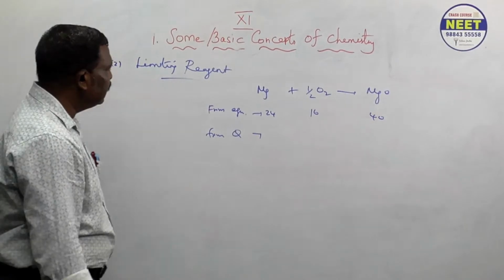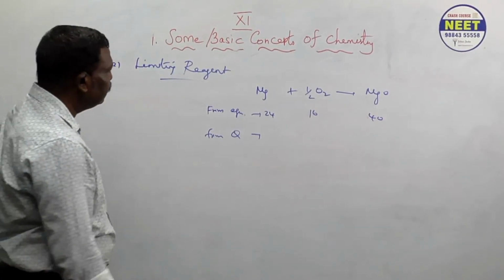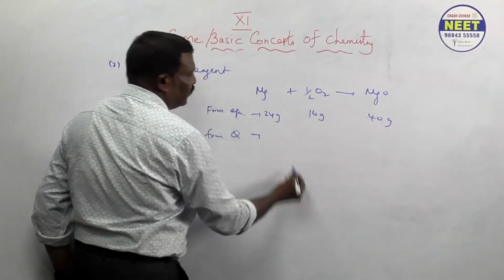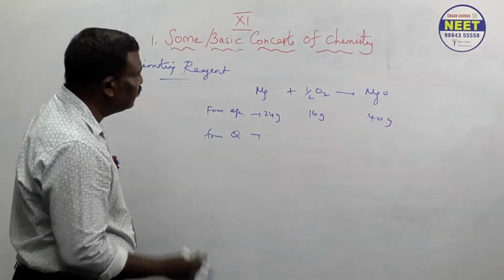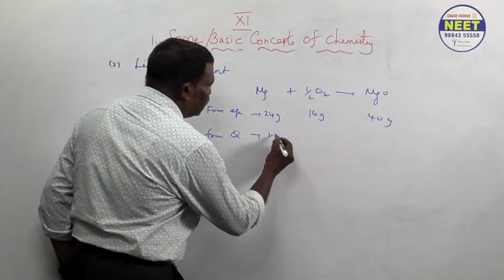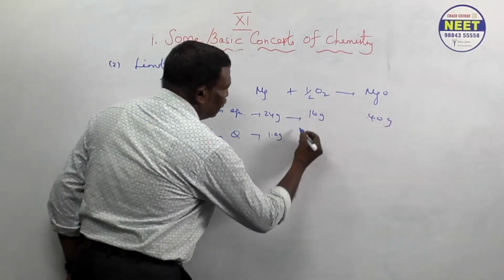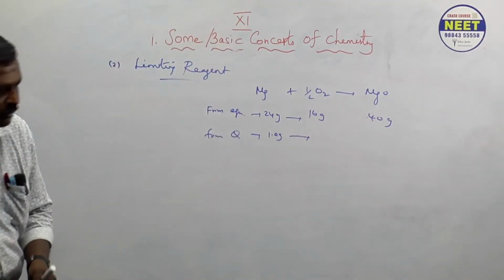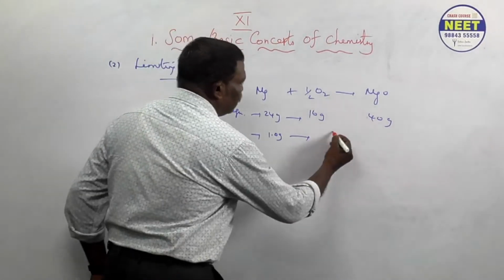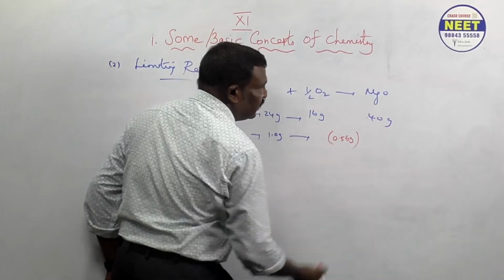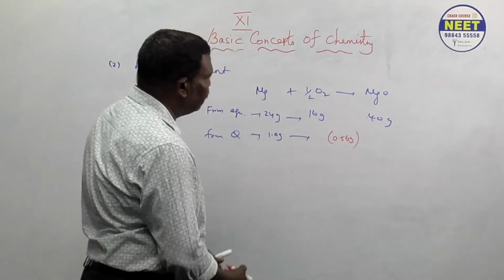Then from the question. Now the question: 1.0 gram. Clear? Actually, what should come? What is given? 0.56 gram is given, isn't it?